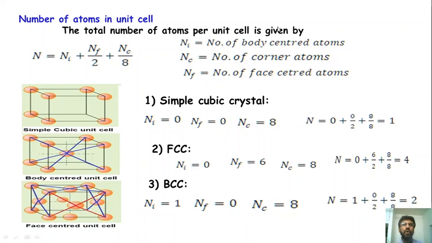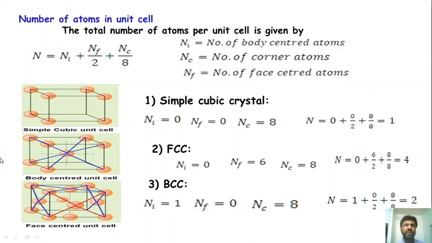The total number of atoms per unit cell is given by the formula N is equal to Ni plus Nf divided by 2 plus Nc divided by 8, where Ni is the number of body centered atoms, Nc is the number of corner atoms, and Nf is the number of face centered atoms.